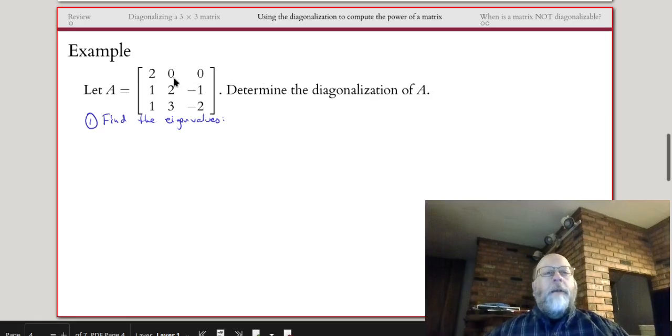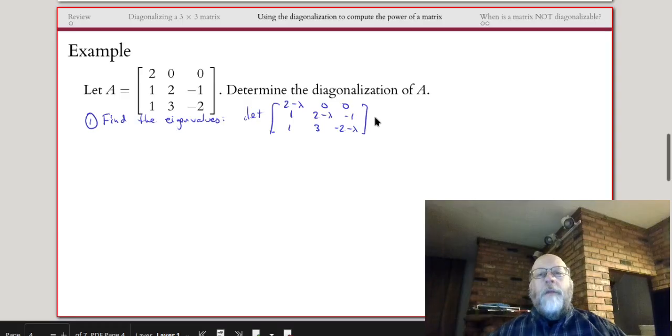We're going to take the determinant of the matrix 2 minus lambda, 0, 0, 1, 2 minus lambda, -1, 1, 3, -2 minus lambda, and set that equal to 0.